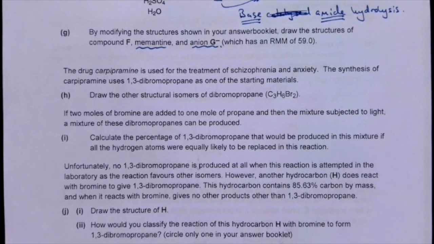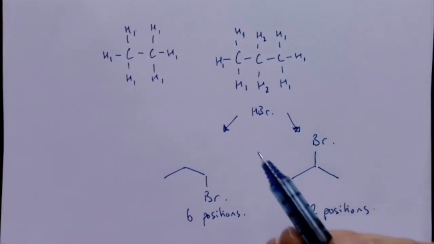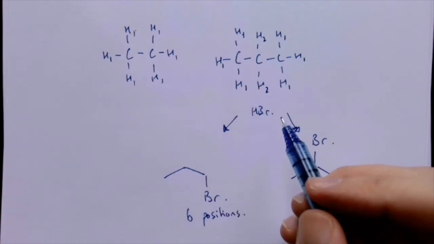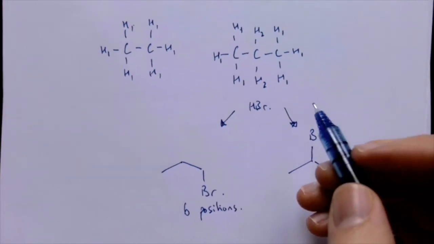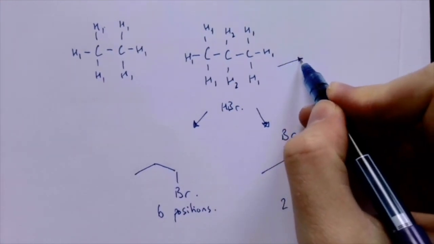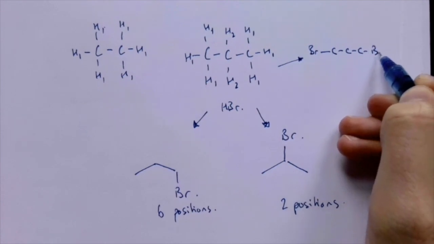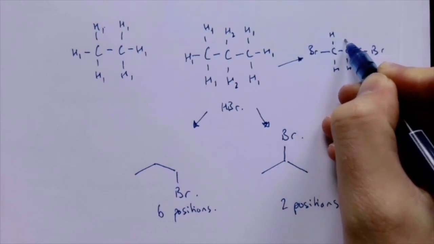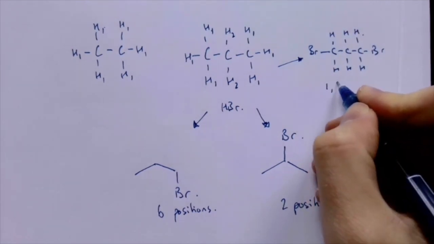So this is going back to what we were thinking about before. I've got propane, but now I'm going to add 2 bromine atoms to it. So I'm going to make this molecule, because that's 1,3.